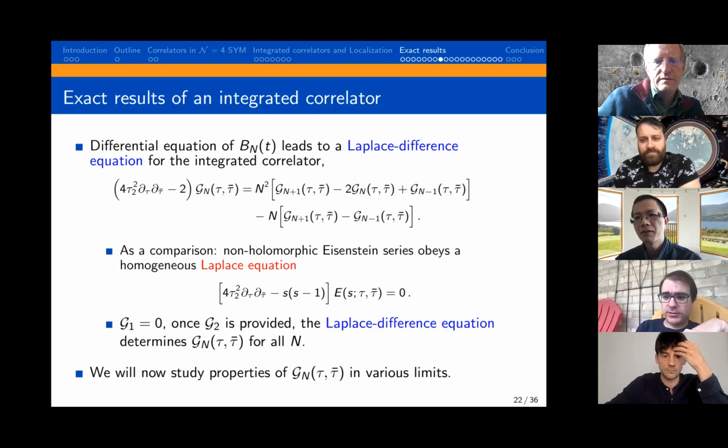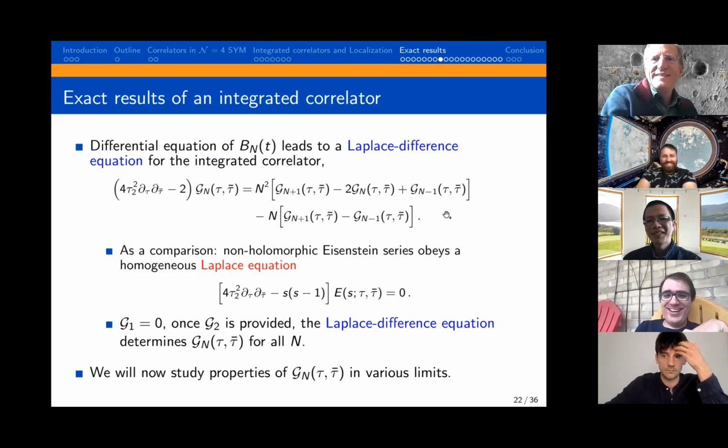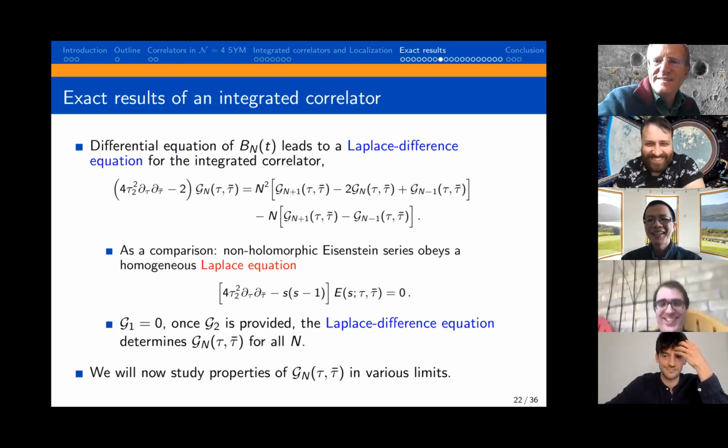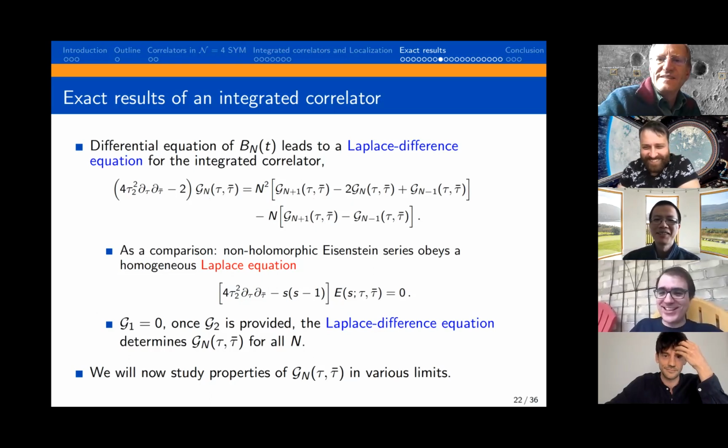From localization? Yeah, again, to me it's difficult because it's relating an n-dimensional integral with an (n+1)-dimensional integral. But isn't it just one of the integrals? Maybe, yeah, maybe. It may be.